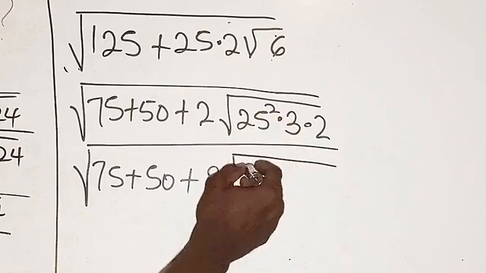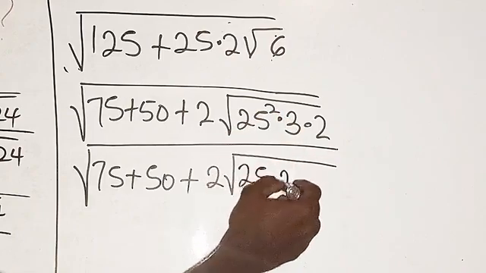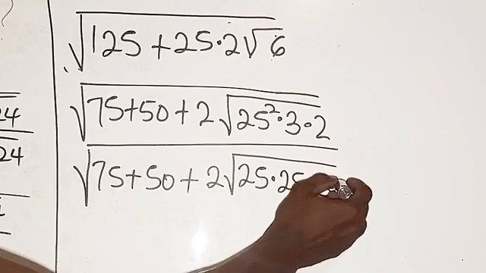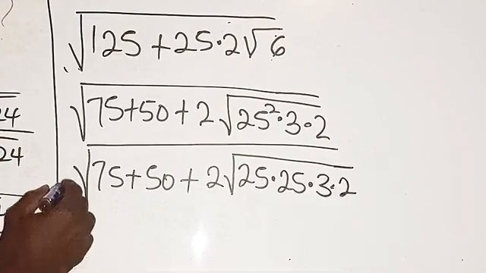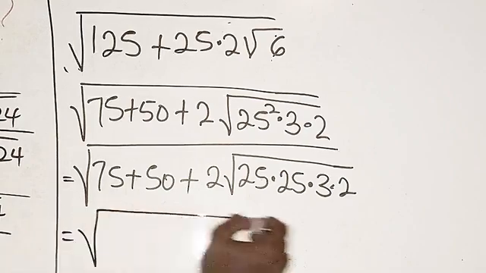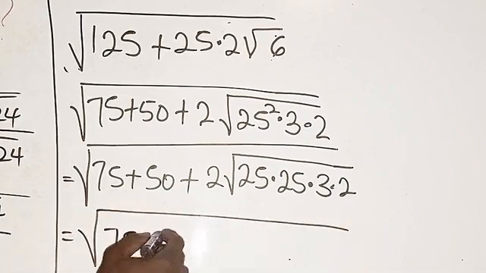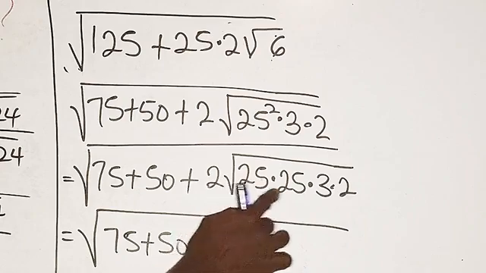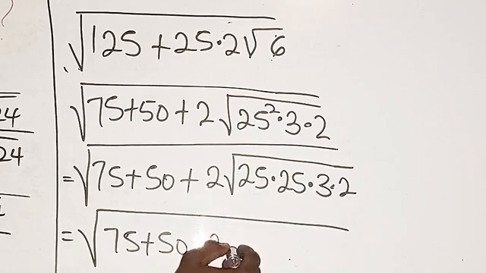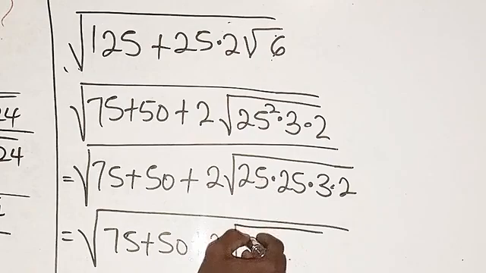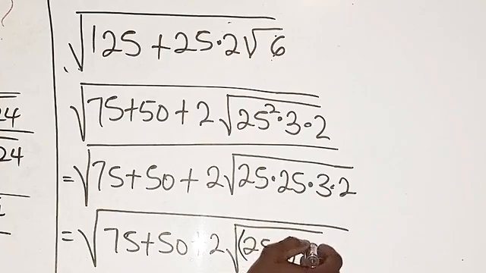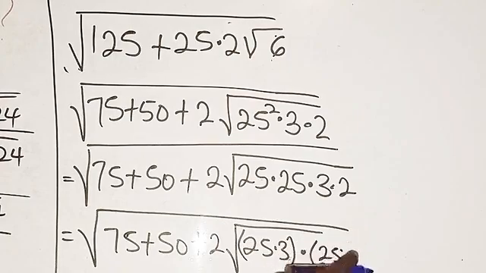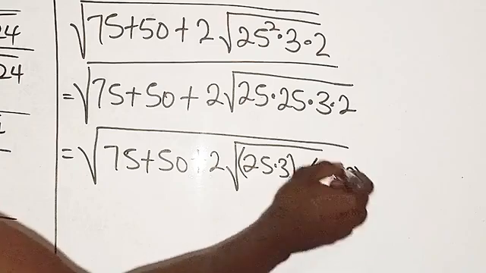then root, I can split this as 25 times 25 times 3 times 2. So I'm going to have 75 plus 50, then plus 2. Then here, let me take this 25 and 3 together. So that is 25 times 3, I bring them together. Then times 25 times 2, and bring that 2 together.